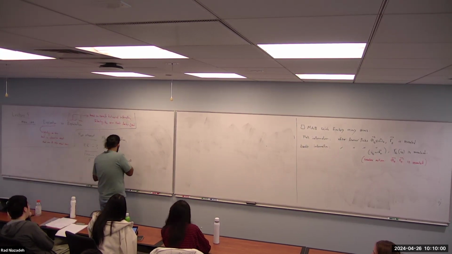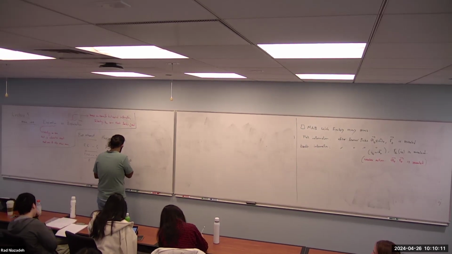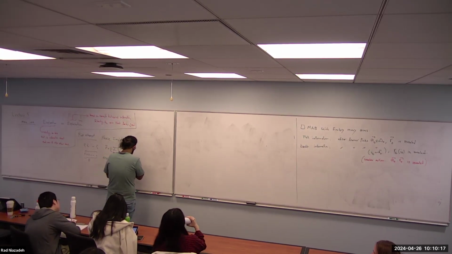So this explorator is going to be a random one-to-one mapping from the set of arms to phi. Now what does that mean?